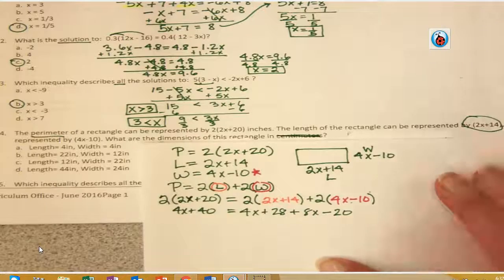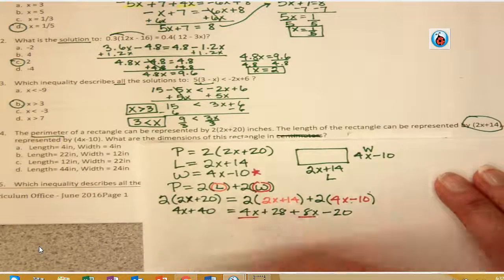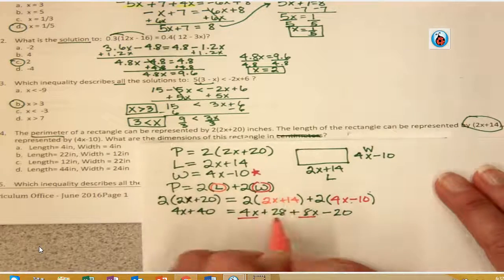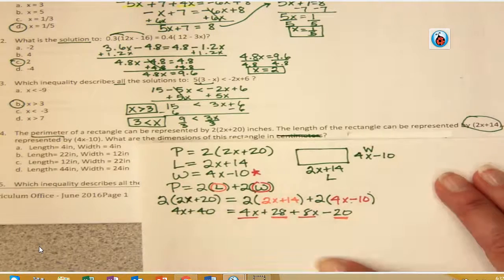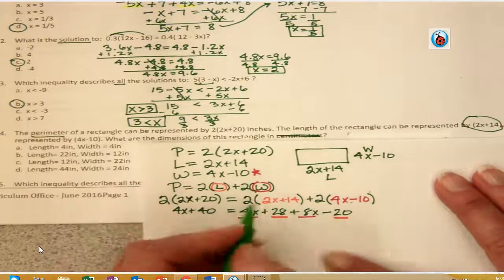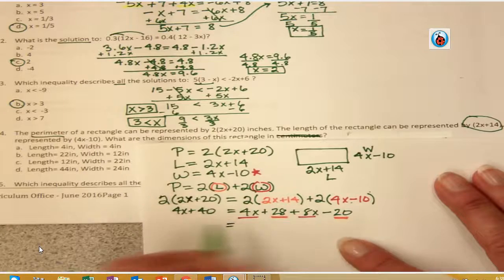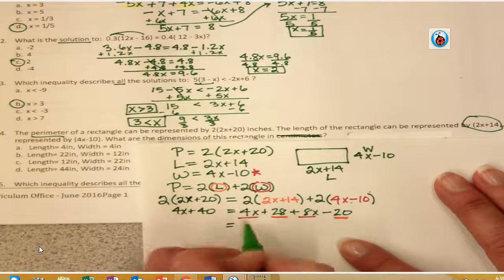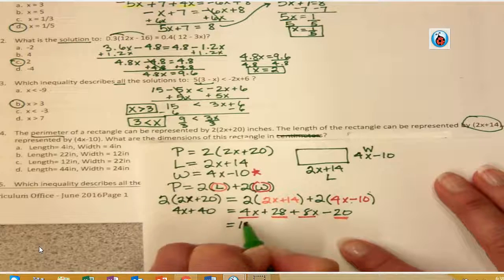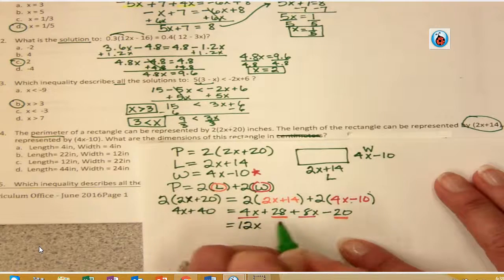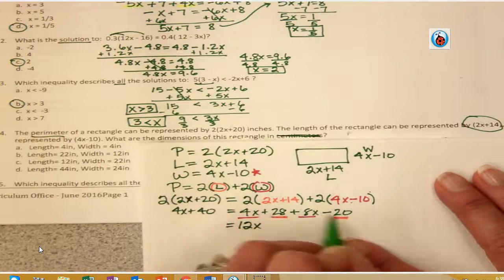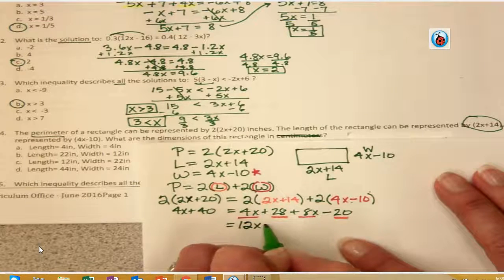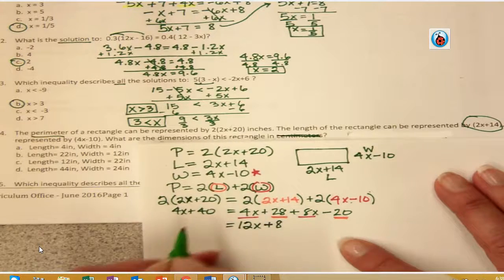Over here, I've got 4x and 8x are like terms, and 28 and 20 are like terms. So when I combine my x's, all I need to do is add them together. 12x, and positive 28 minus 20 is going to give me 8.